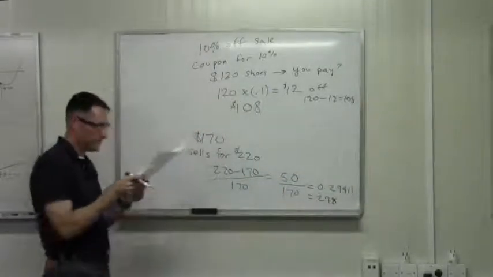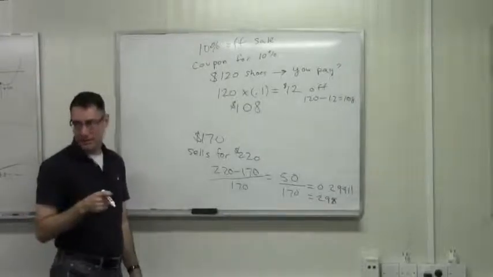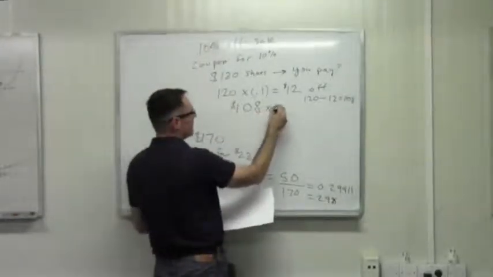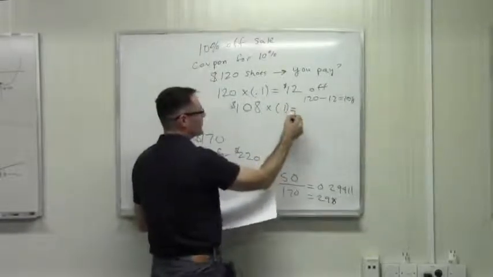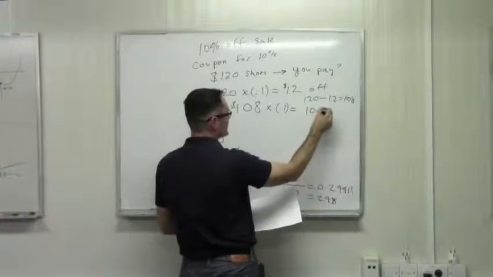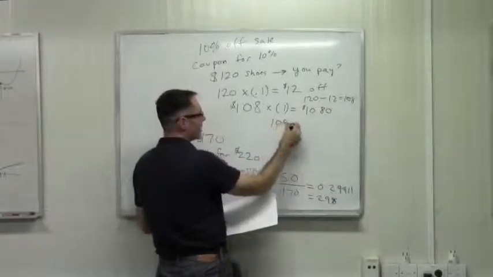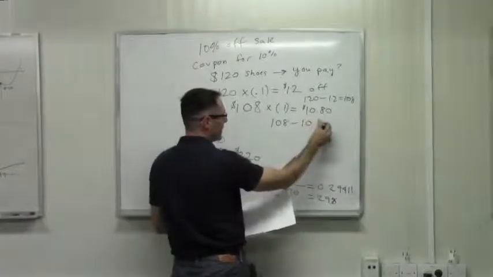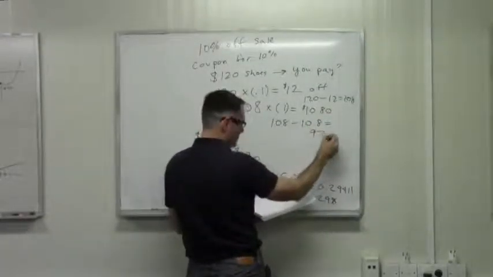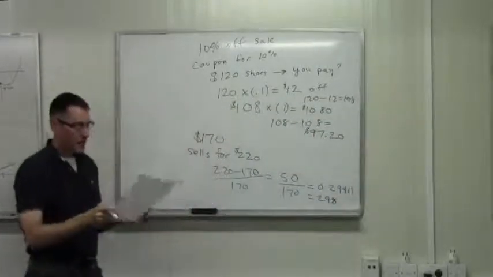Now take 10% of that because you got the 10% off coupon. 108 times 0.1 equals $10.80 off. So then 108 minus 10.8 gives you $97.20, and that's what you pay.